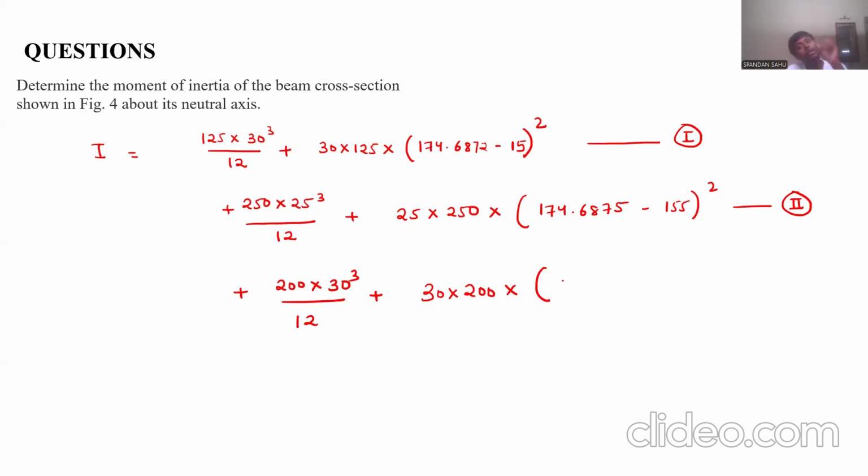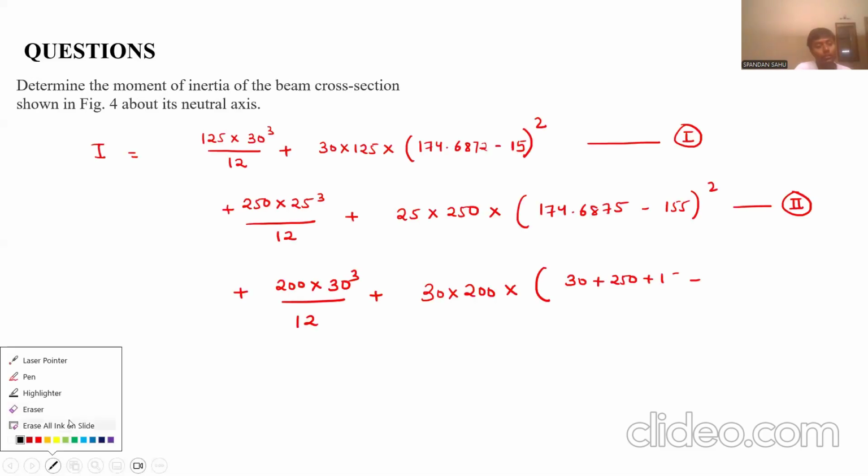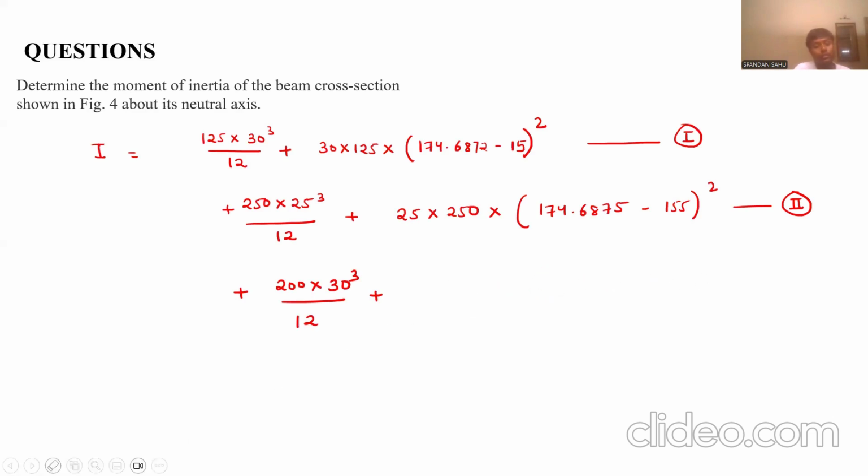It will be 30 plus 250 plus 15. So 30 plus 250 is 280 plus 15, cumulatively 295, minus 174.6. This is for the third.